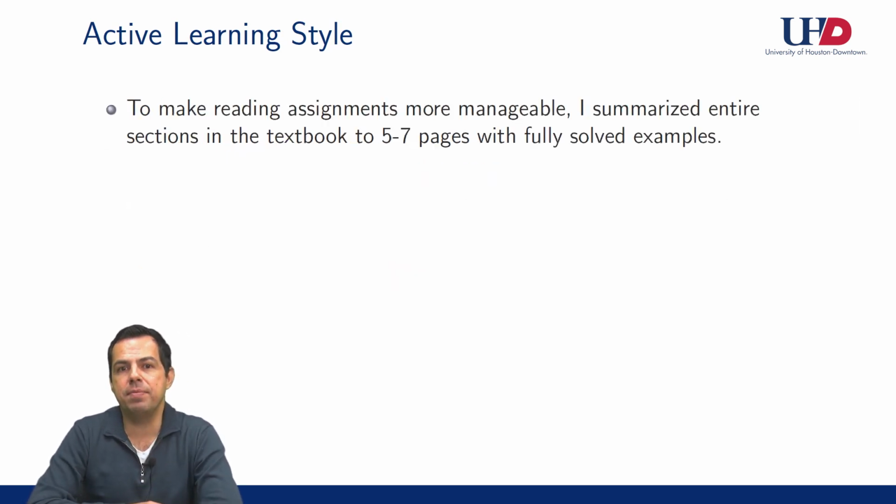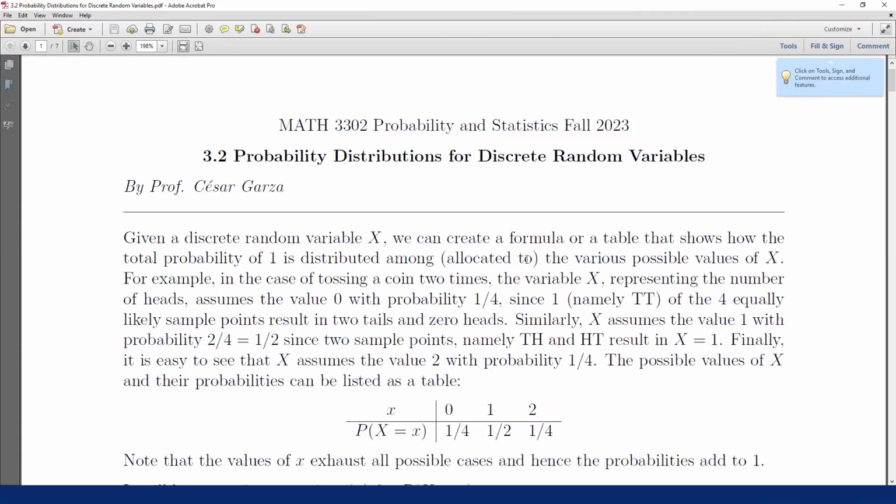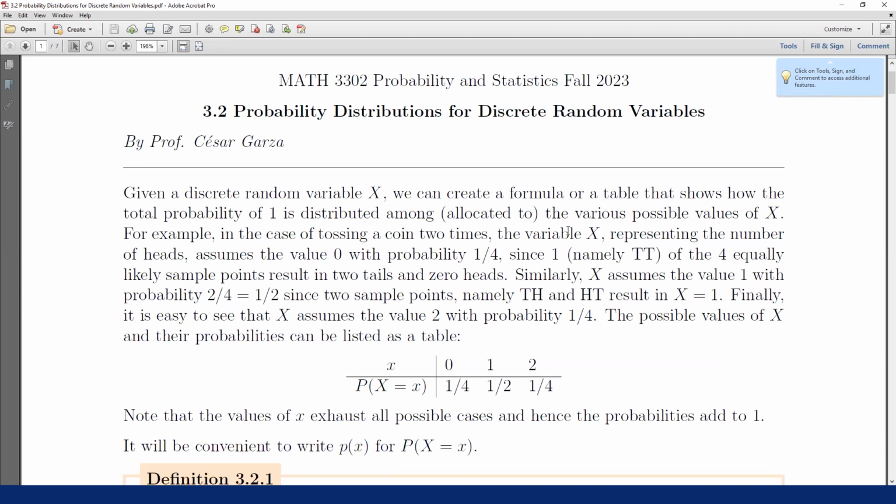To make reading assignments more manageable, I summarize entire sections in the textbook into, let's say, 5 to 7 pages with fully solved examples. This is the kind of lecture notes I prepare for my class. This is completely optional, okay? You don't have to go through this.